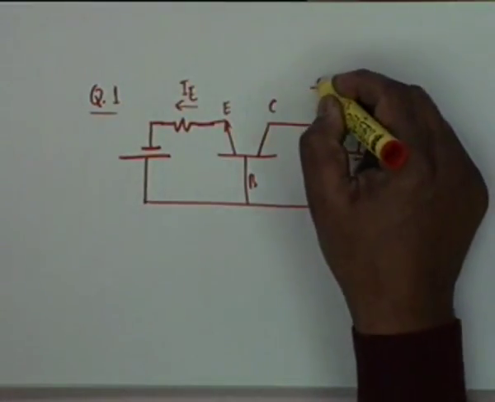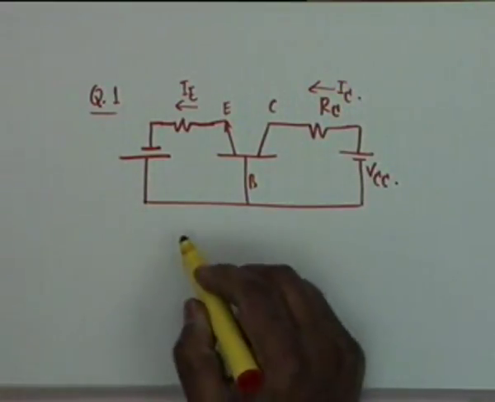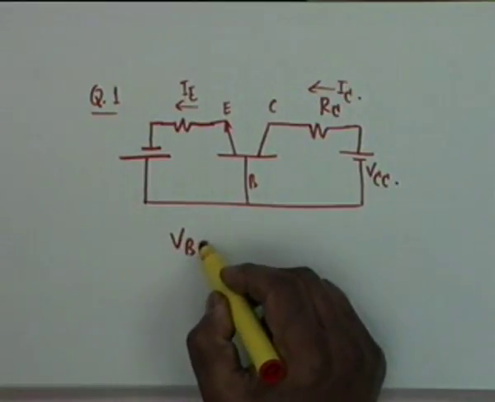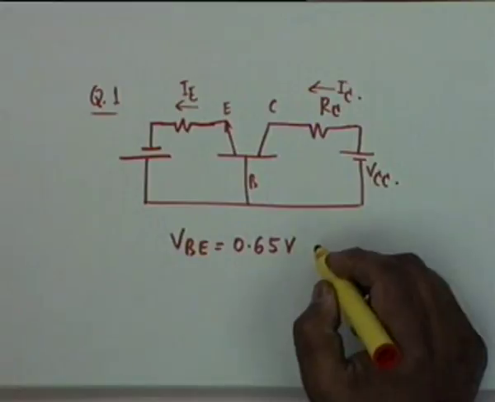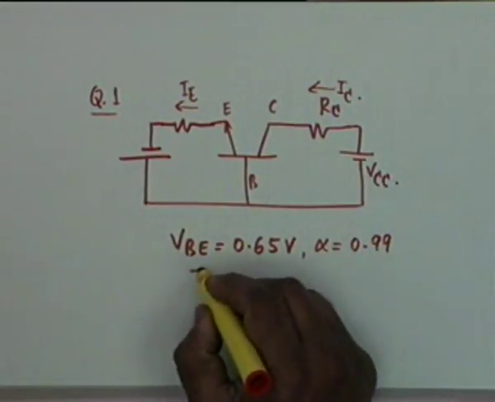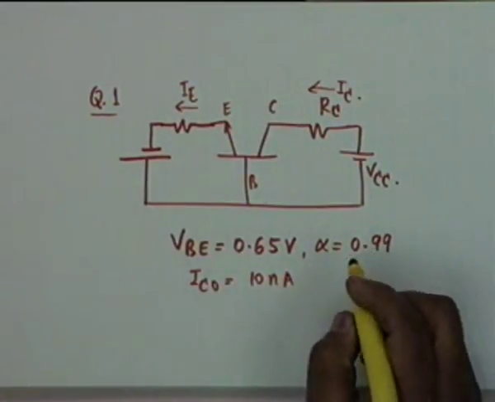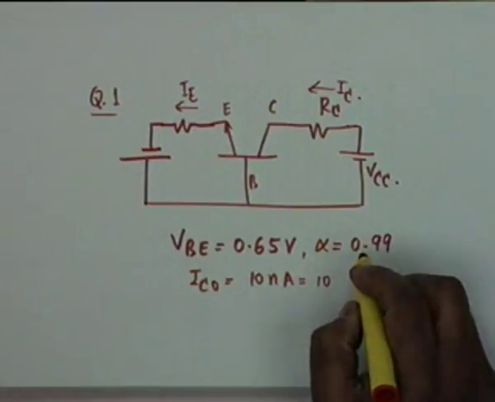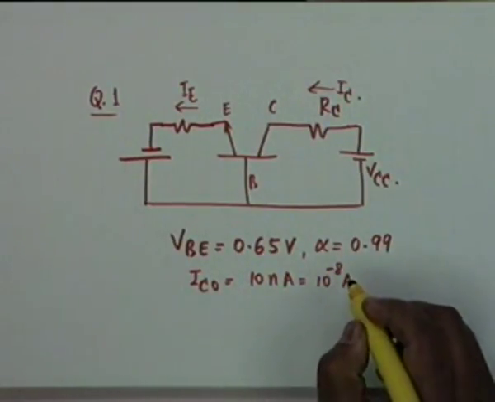This current is IC, and the conditions of the problem are that VBE is given as 0.65 volt, alpha is given as 0.99, ICO is given as 10 nanoamperes, which means 10 to the minus 8 amperes.